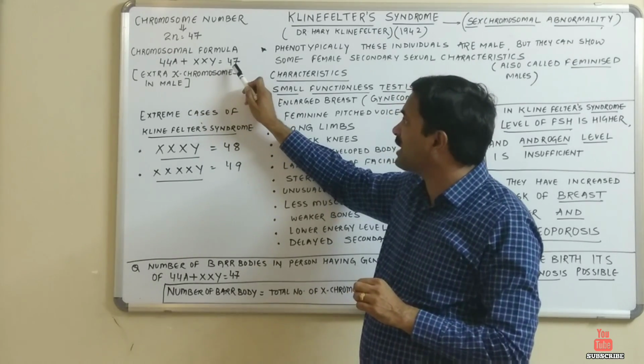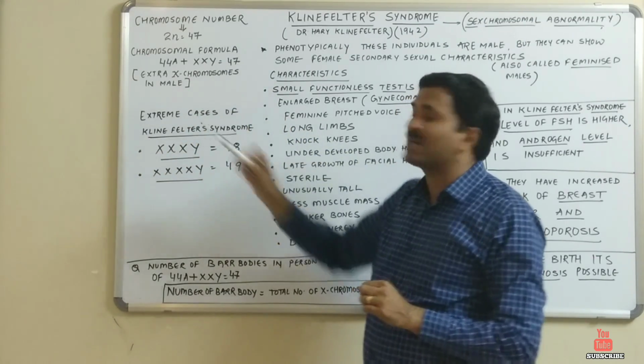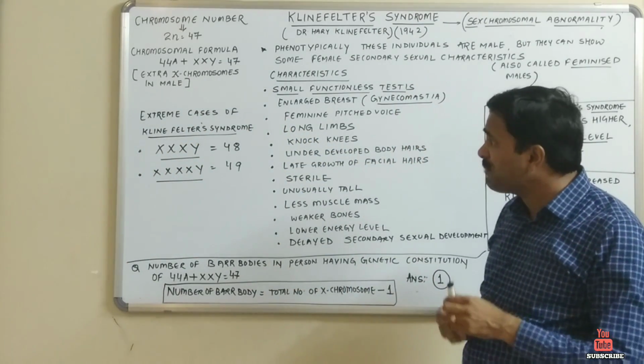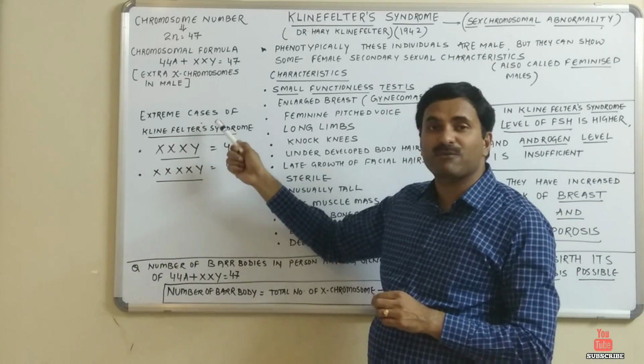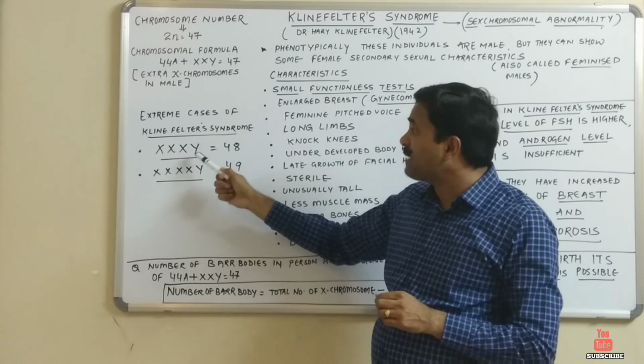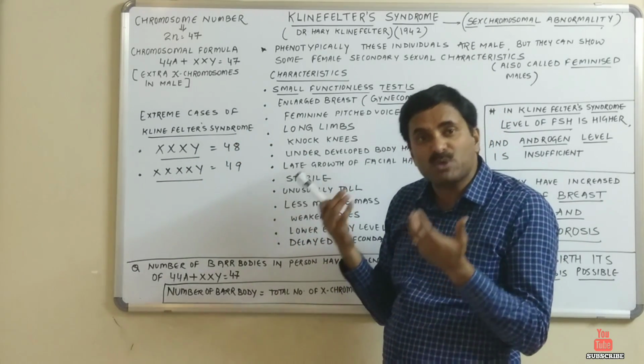So the chromosome number comes out to be 47. But one more thing I want to tell you: in the extreme cases of Klinefelter syndrome, there may be more than 2 X chromosomes also.